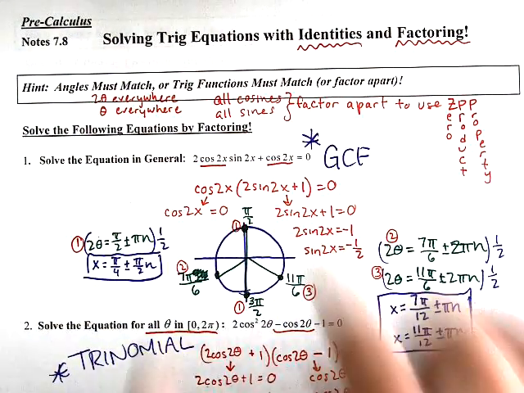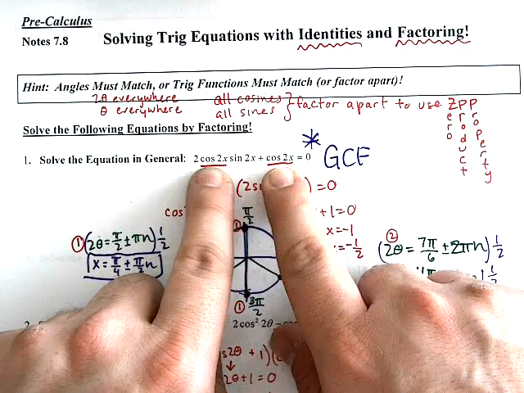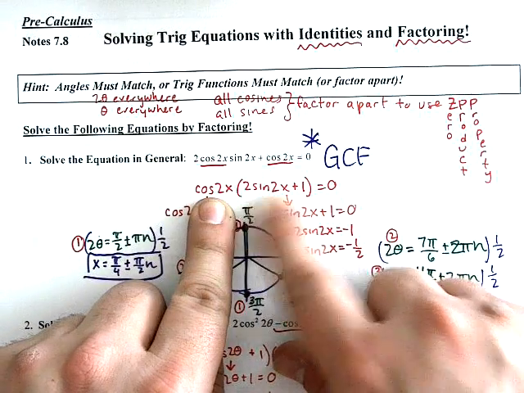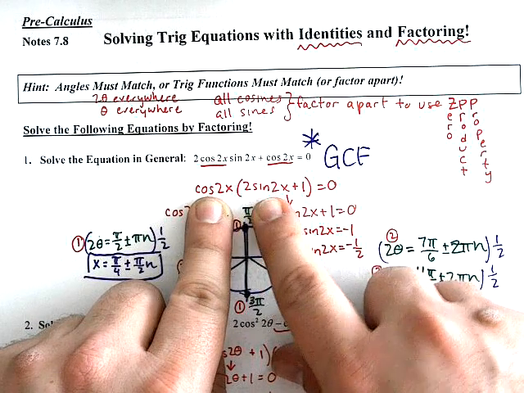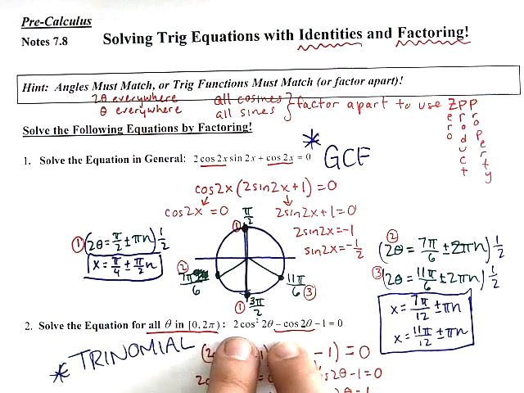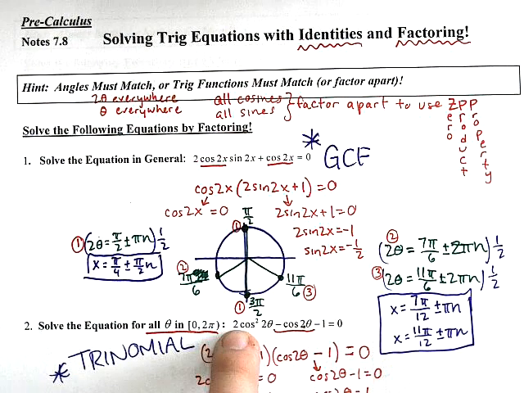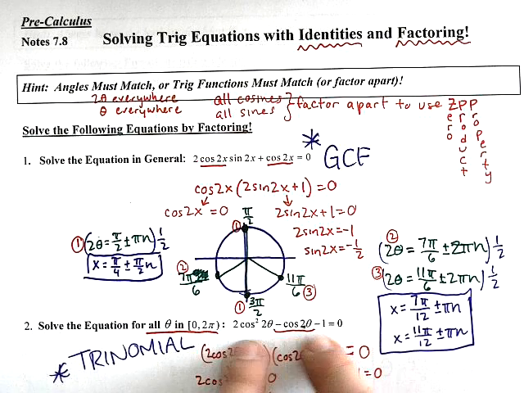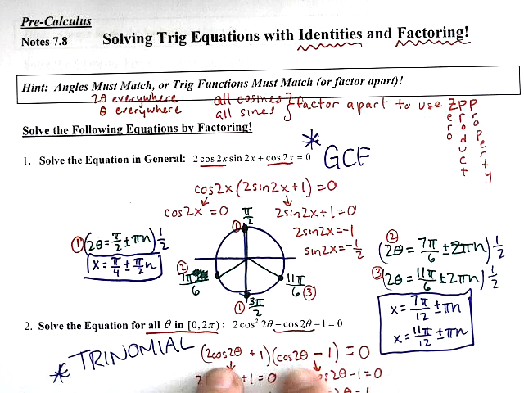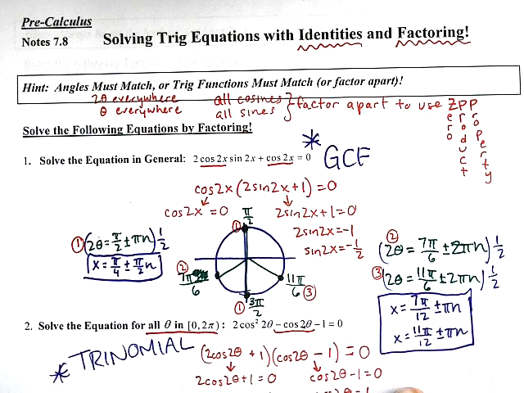I was not able to do anything with this original until I factored out cosine 2x, and then I just had a piece with cosine, a piece with sine, and then I could continue on. Or over here, I didn't know what to do here. My angles were here, I had different trig functions, cosine squared and cosine. I needed to see if I could factor, and I could.